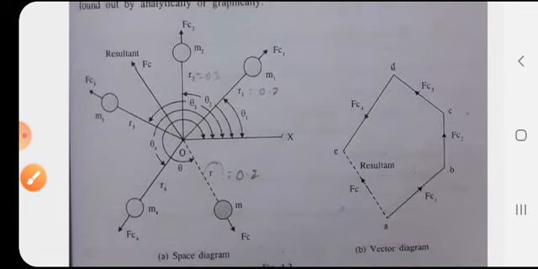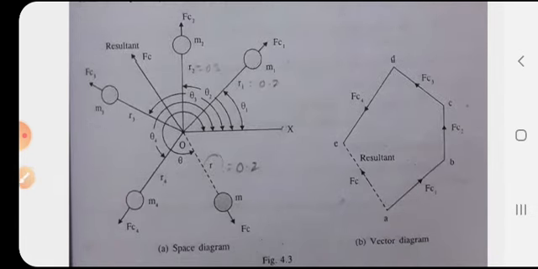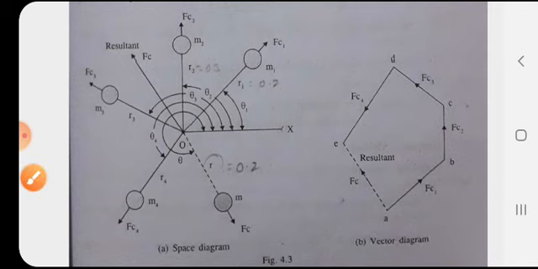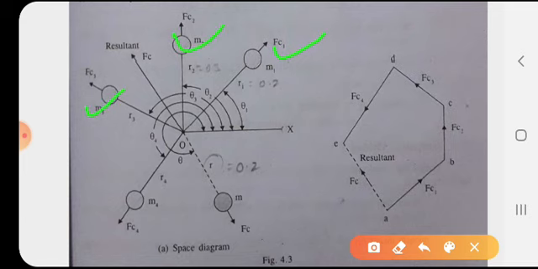We can see the space diagram and vector diagram. Consider any number of masses, for example take 4 masses, that is m1, m2, m3, m4 at distances of r1, r2, r3 and r4 from the axis of rotation of the shaft.